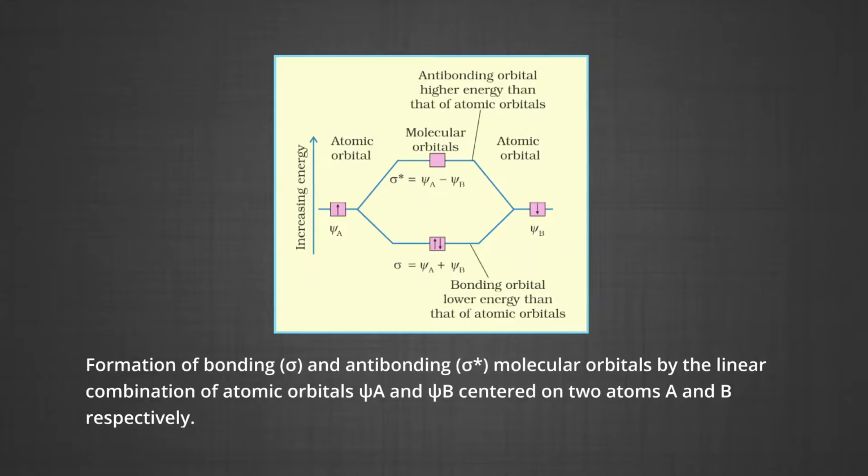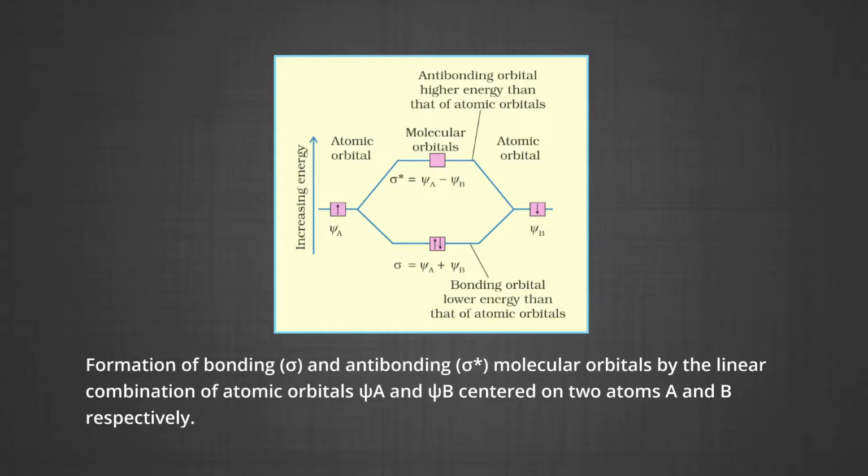Therefore, the molecular orbital sigma formed by the addition of atomic orbitals is called the bonding molecular orbital, while the molecular orbital sigma antibonding formed by the subtraction of the atomic orbitals is called antibonding molecular orbital, as depicted in the figure.